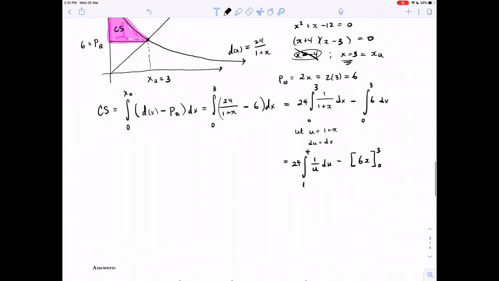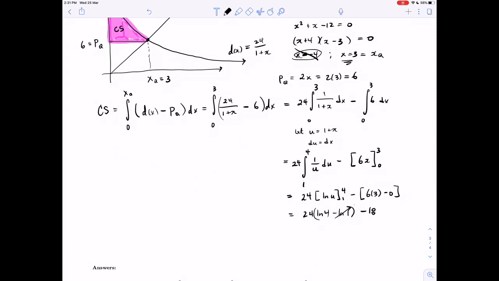So for this integral here, we're going to need 24. The antiderivative is going to be ln of u from 1 to 4 minus, and this we can go ahead and evaluate, 6 times 3 minus 6 times 0. This is going to be 24 times ln 4 minus ln 1 minus 18.